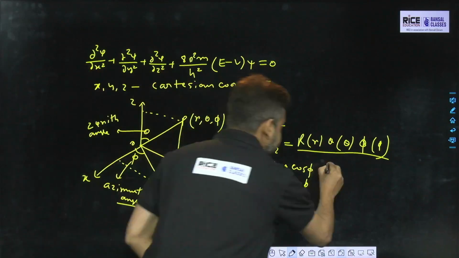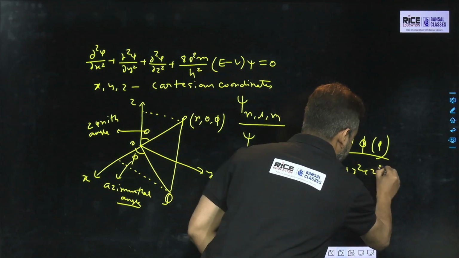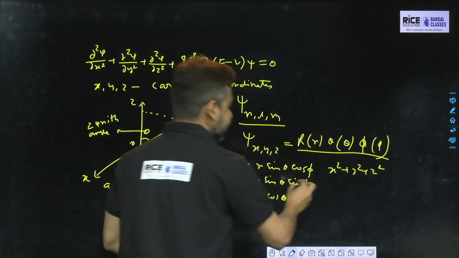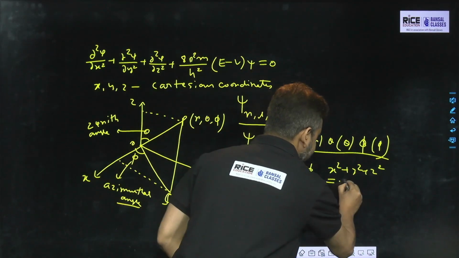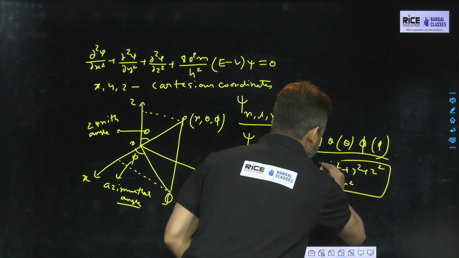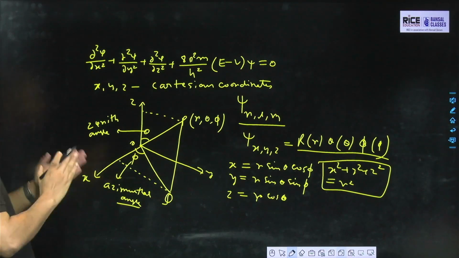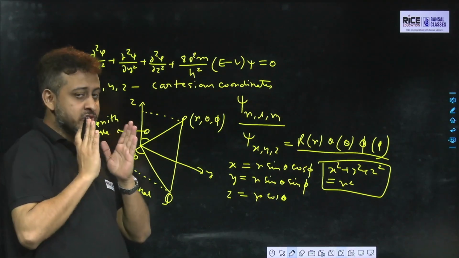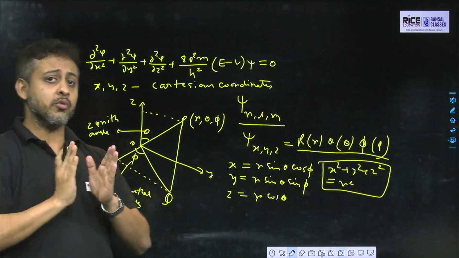So if we square and add these, we get x square plus y square plus z square equals r square. That is the equation I have used to solve this question, correlating the Cartesian coordinates with the spherical polar coordinates, considering the Schrodinger wave equation.